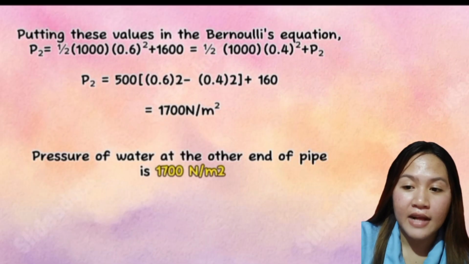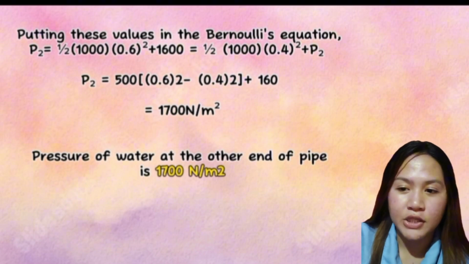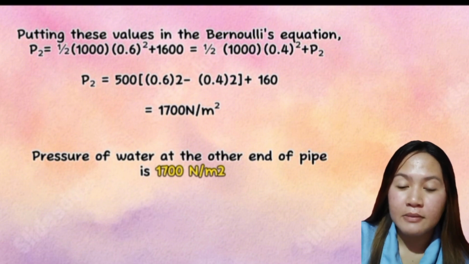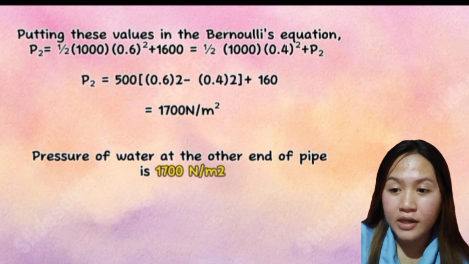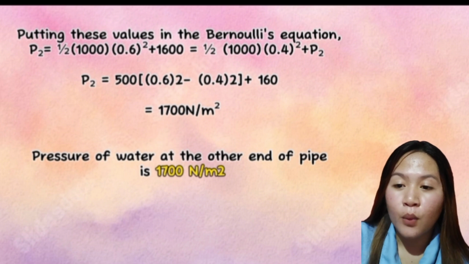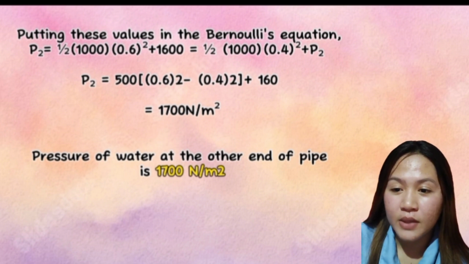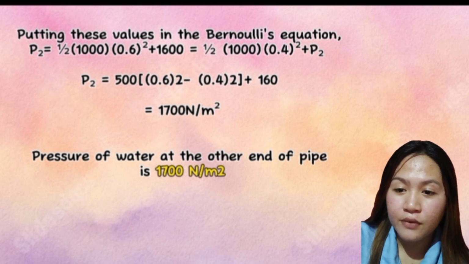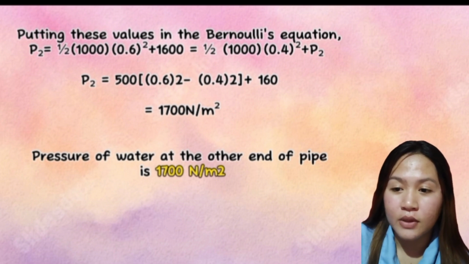Putting these values in Bernoulli's equation, P1 equals 1 half times 1,000 times 0.6 squared plus... 1,600 equals 1 half times 1,000 times 0.4 squared plus P2.